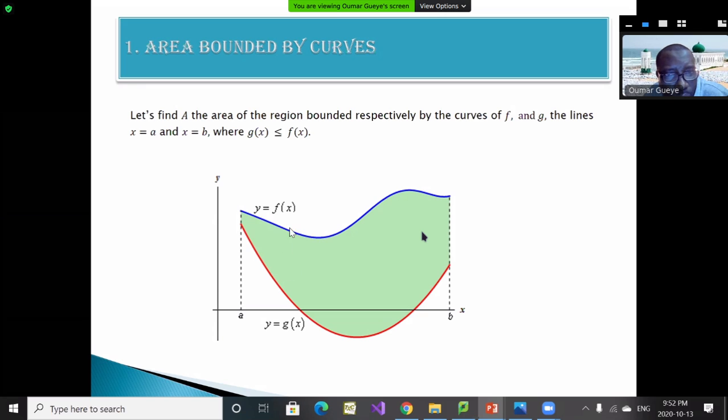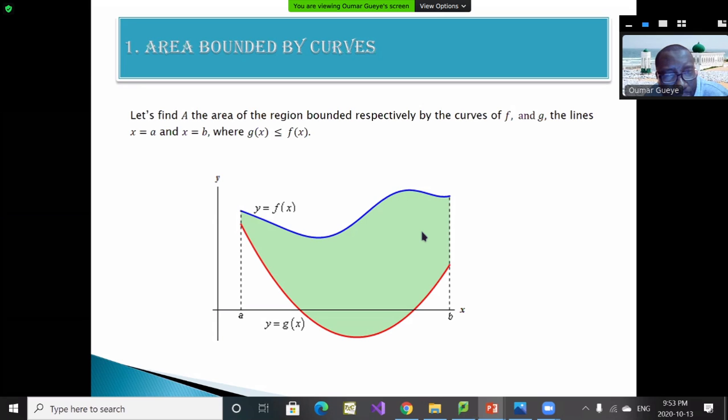That's why you have to take the function f minus the function g in order to get this area, and you integrate it, provided that the function f is the greater function.